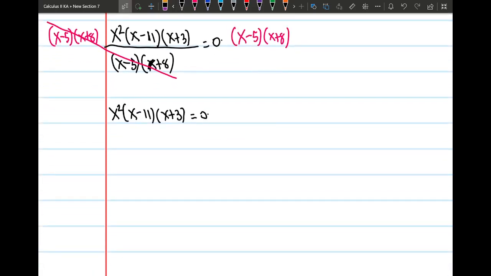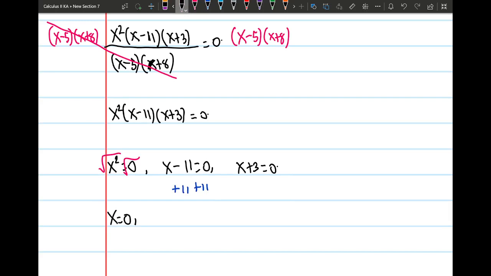And so using zero product property, we have x squared equals 0, x minus 11 equals 0, and x plus 3 equals 0. So then we do square root, right? We get x equals 0. And then do plus 11 here, we get x equals 11.